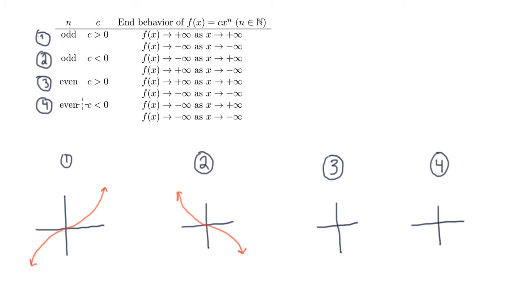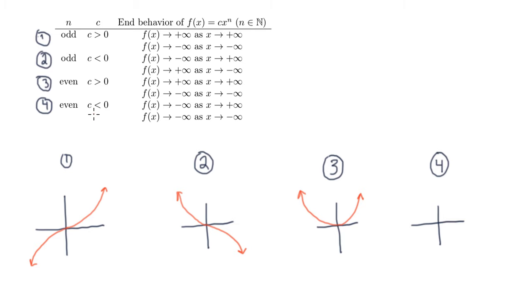Now the cases for n being even are a little bit different. So if c is positive, this is like our classic parabola. So it's a happy face because it's positive. The coefficient c is positive. So as x goes to plus infinity, f goes to plus infinity, and as x goes to minus infinity, f goes to plus infinity.